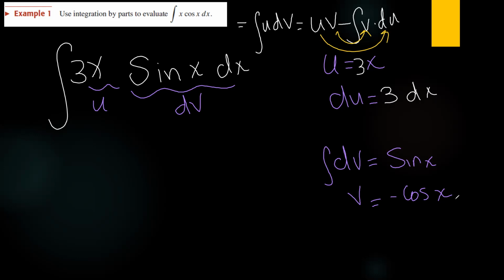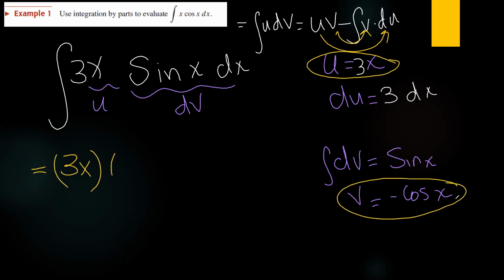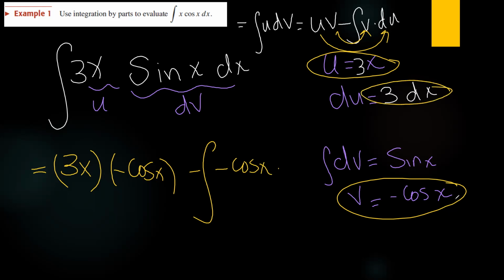Change the order of them and write the inverse of them. Then u times v, where is u? It's 3x, times v, where is v? It's negative cosine x. Minus the integration of v, which is negative cosine x, times du, which is 3 dx.